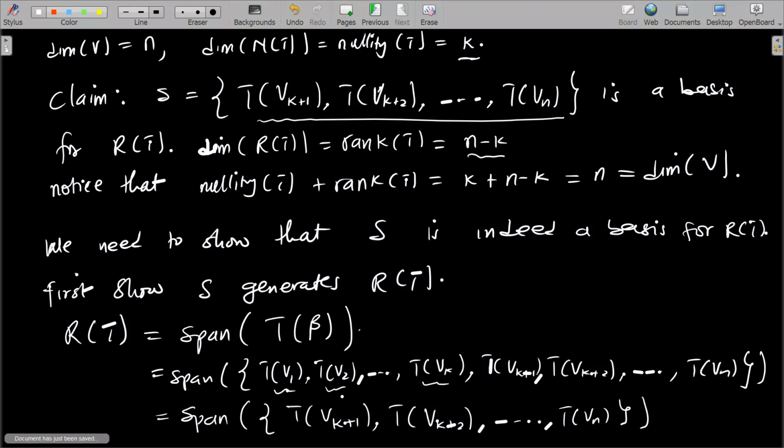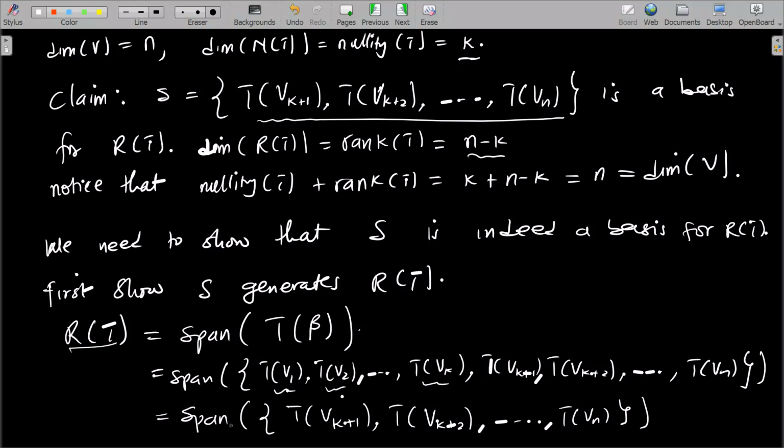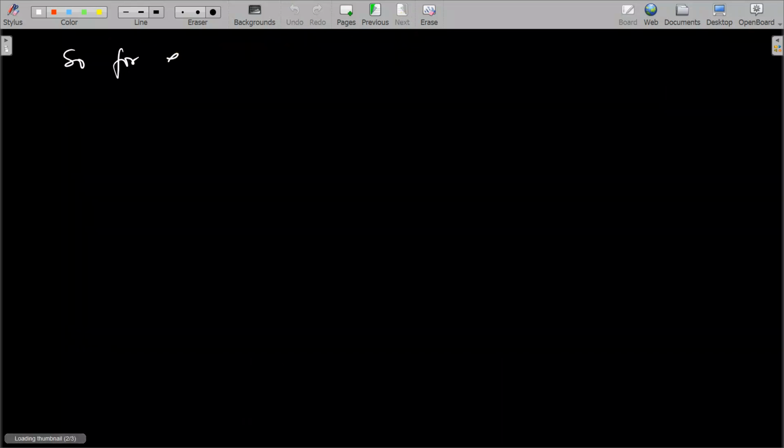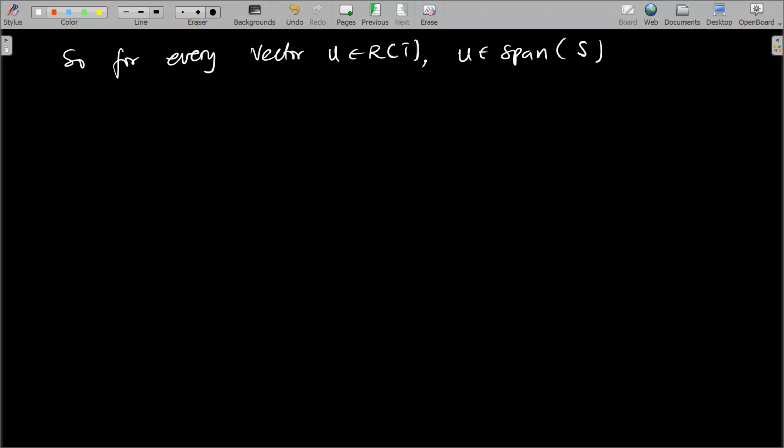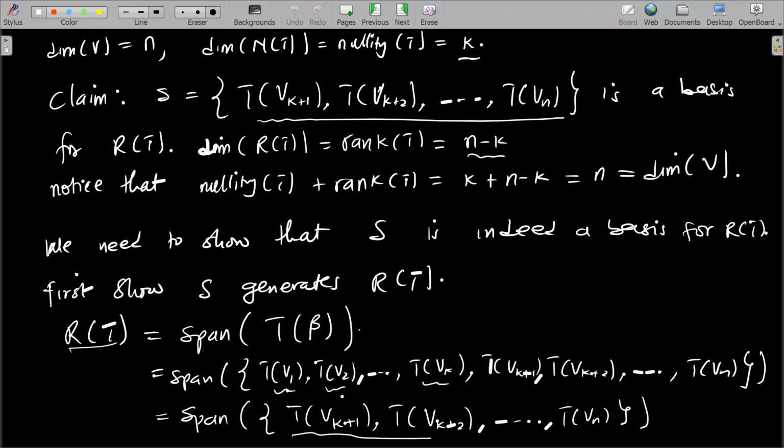So what have we shown? We've shown that indeed the range of T is equal to the span of that. It means that for every vector, say u, belonging to the range of T, what can you say? u also belongs to the span of S. What was S?